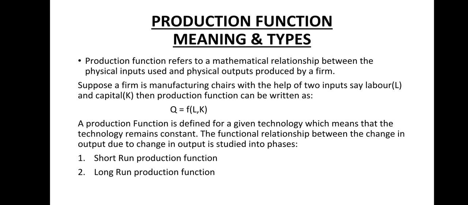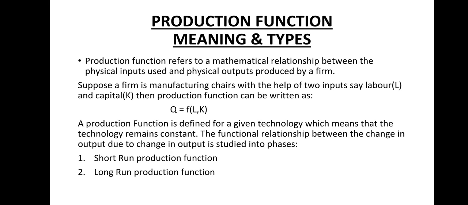Or a tailor uses his sewing machine, cloth, thread to make a shirt. This is a process of production. Various inputs which are used in the process of production are known as the factors of production, like land, labor, capital and enterprises, etc.